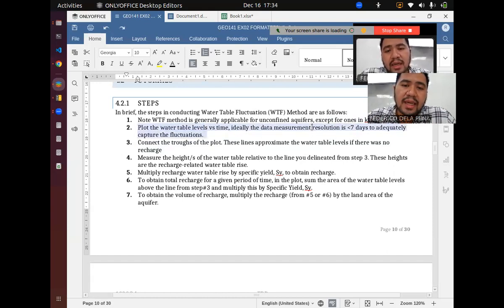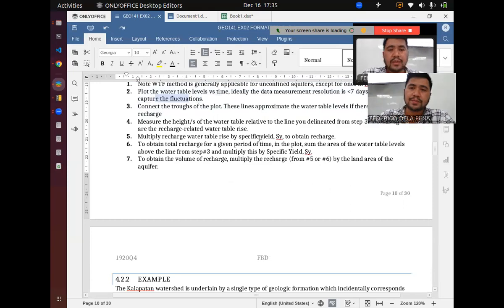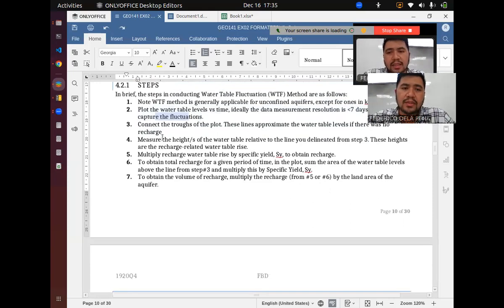Okay, ideal resolution is like once a week or less para captured mo yung fluctuations sa water table. So connect the troughs of the plot. Okay, so basically nagfa-fluctuate kasi yung water level, 'di ba? So high, low, or yung trough.